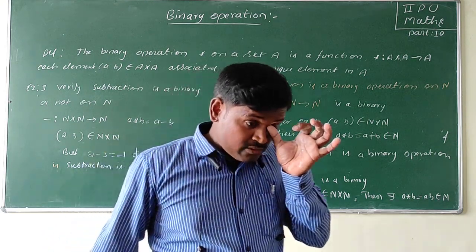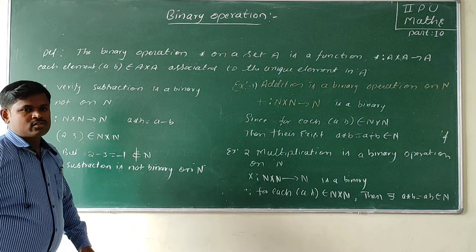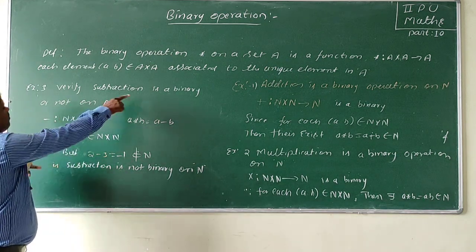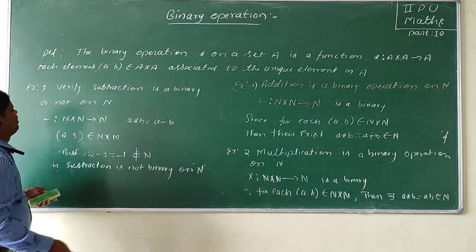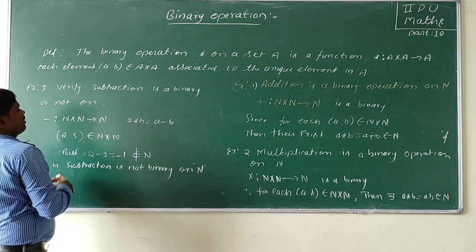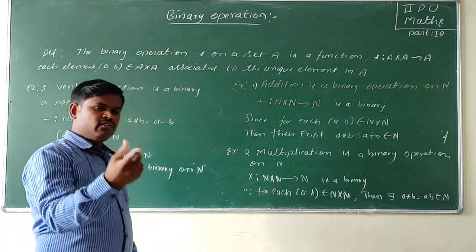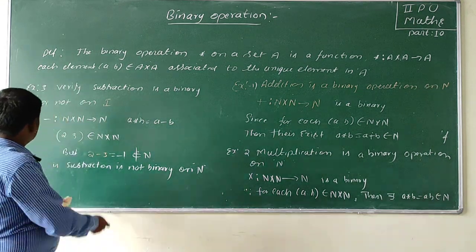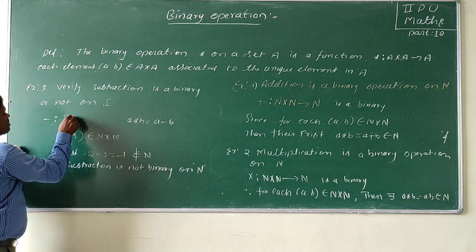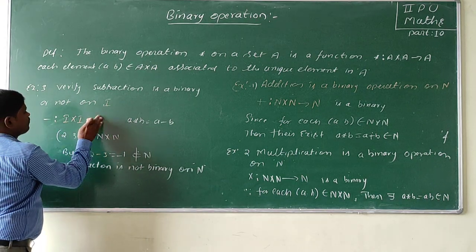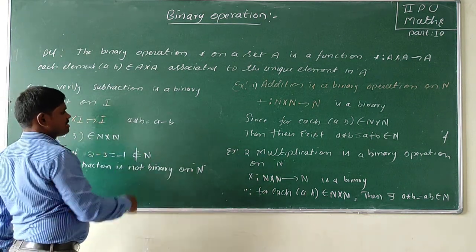Suppose instead of natural numbers we take integers. Verify whether subtraction is binary on integers. Definitely it is a binary operation. Why? Subtraction is a mapping from I cross I to I, with a star b given as a minus b.